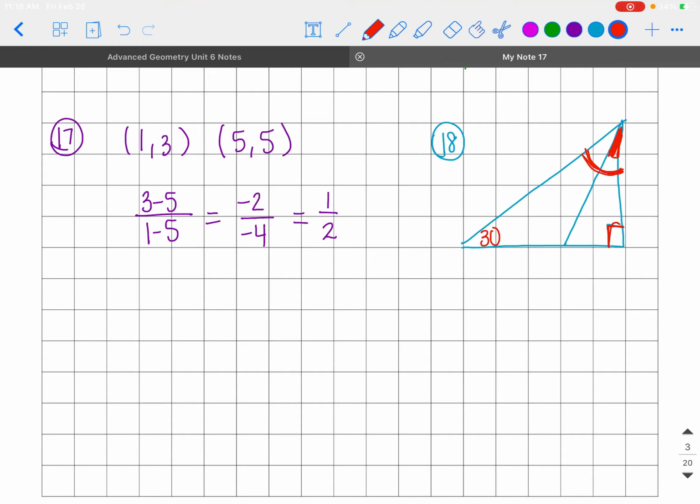We can find this whole angle by taking 180 minus 90 minus 30, which is 60. So this whole angle has to be 60. We know that this part is 25. So 60 minus 25 is 35, which is B.